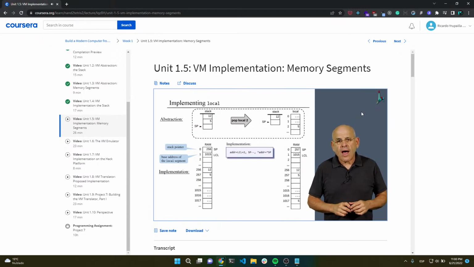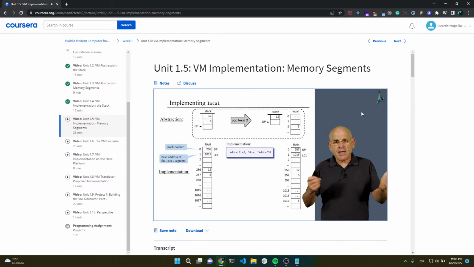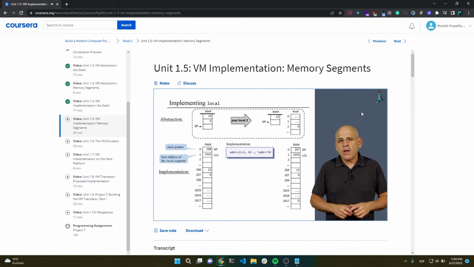All right, so how can we translate the pop operation? Well, we can do it using the pseudo assembly code that you see here. First of all, we compute the target address, which is LCL plus 2 in this example. We store it in some temporary variable, if we need such a variable.